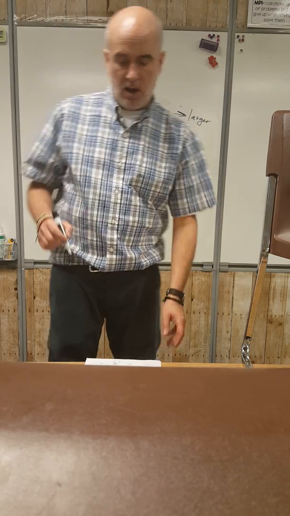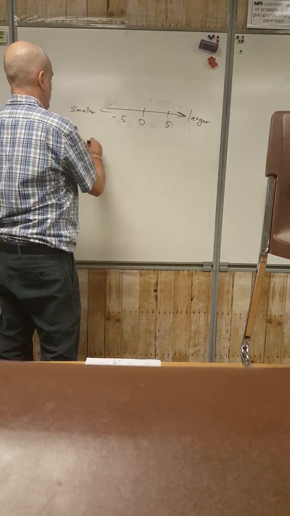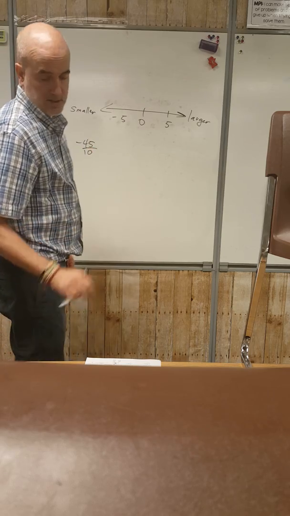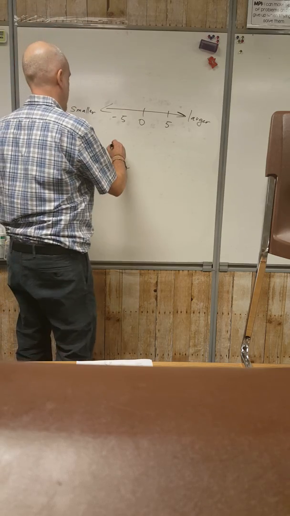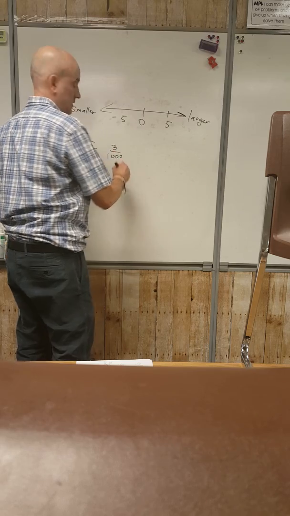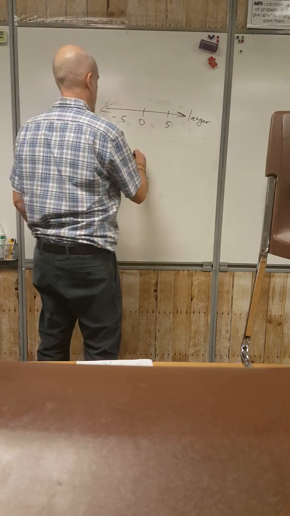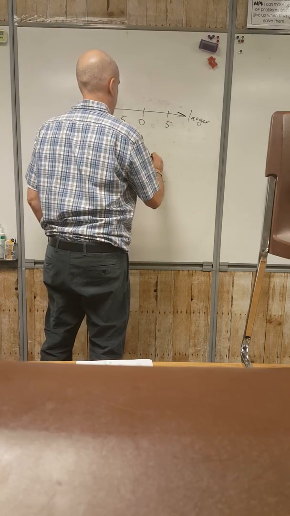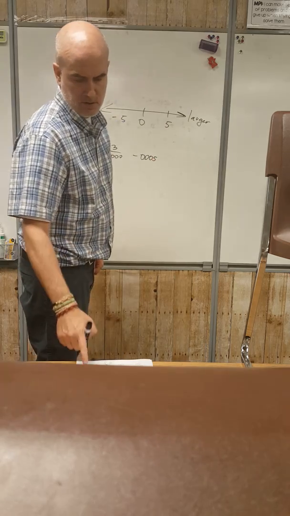So the values we have on our assignment here are negative 45 over 10, negative 45 tenths. We have 3 thousandths. We have negative 5 thousandths.